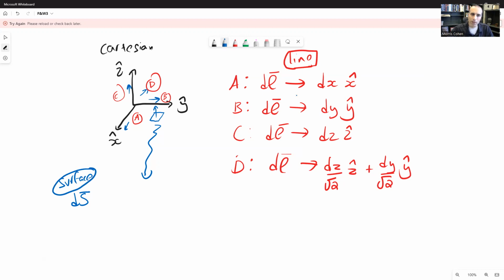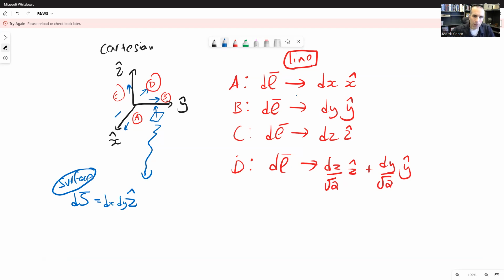Right, ds in this case would first of all be pointed in the z direction. Could be positive, could be negative, but it's definitely in the z direction because the vector itself is pointed through the surface. But the surface area of that vector is going to be in the xy plane. And so we're going to write this as a dx times dy. So it has units of area.